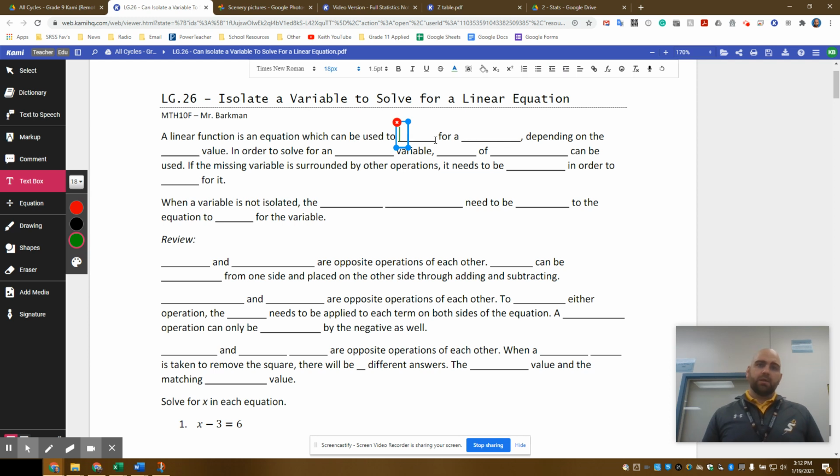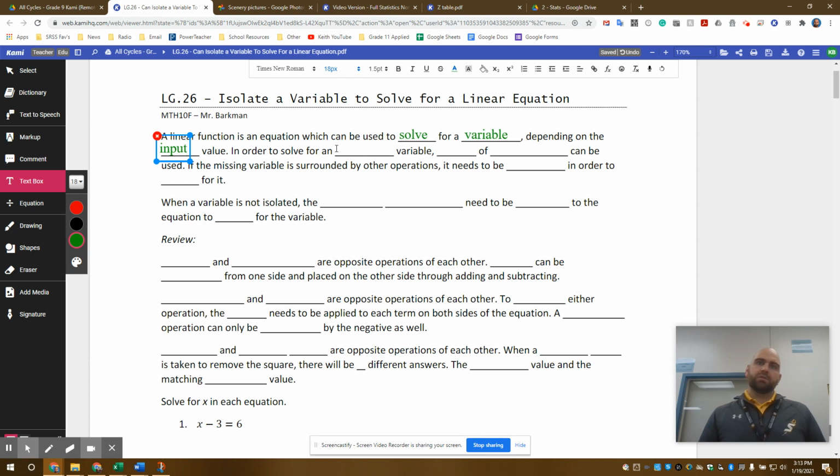So first of all, a little bit of introduction again. A linear function is an equation which can be used to solve for a variable. So a linear function is something that can be used to solve for a variable depending on the input value.